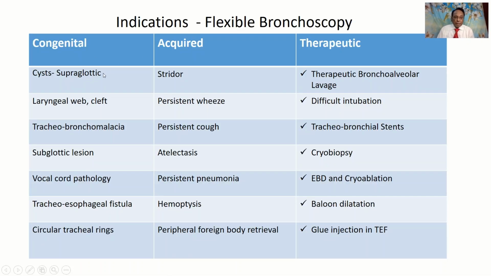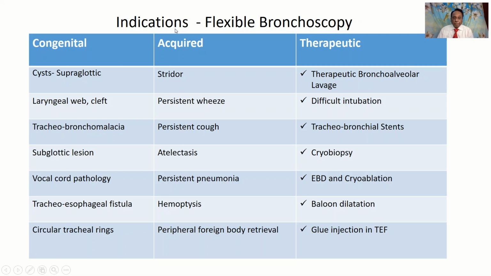I said, any child developing either a wheeze, stridor, or any noisy breathing, you have to rule out congenital causes. There are so many congenital causes, starting from a cyst, which may appear in the vallecula, or the child may have a laryngeal web, sometimes called a glottic web, or maybe a laryngeal cleft, or you have to rule out tracheomalacia, bronchomalacia, or tracheobronchitis.